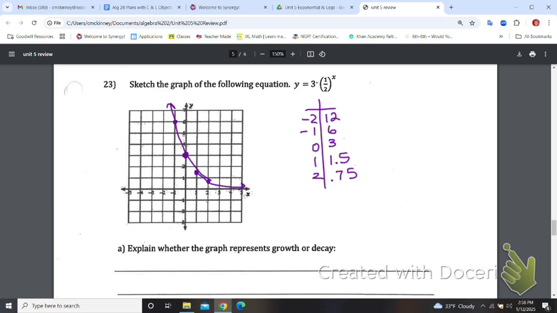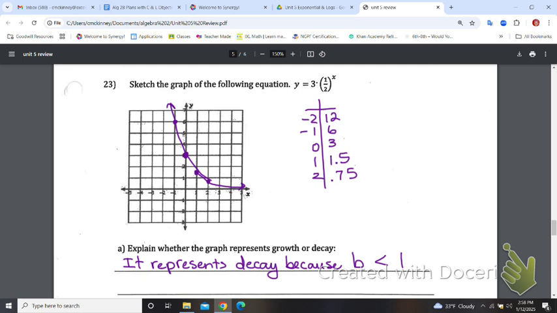And does this represent growth or decay? It represents decay. And you could give me a couple different reasons for that. It says explain, not just tell. So because I could say b is less than 1, right?